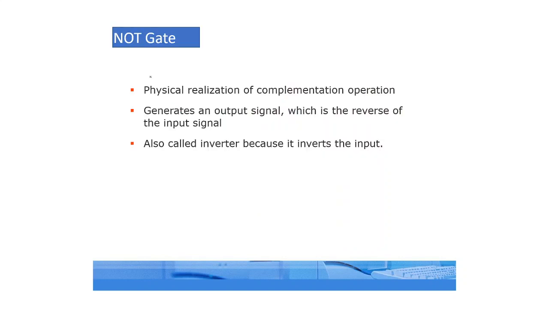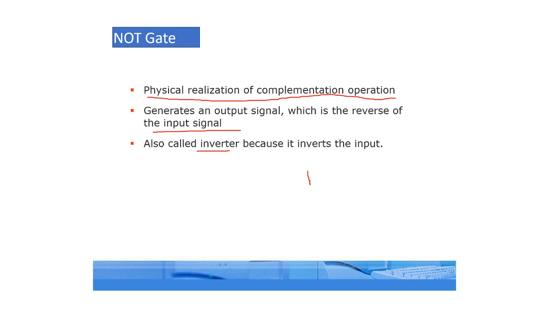Next is the NOT gate. The NOT gate is the physical realization of the complementation operation. It generates an output signal which is the reverse of the input signal. So it is also called an inverter because it inverts the input.